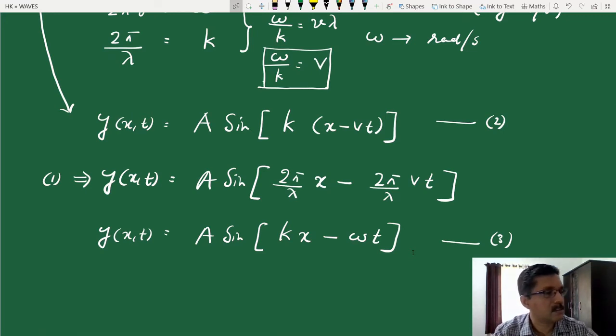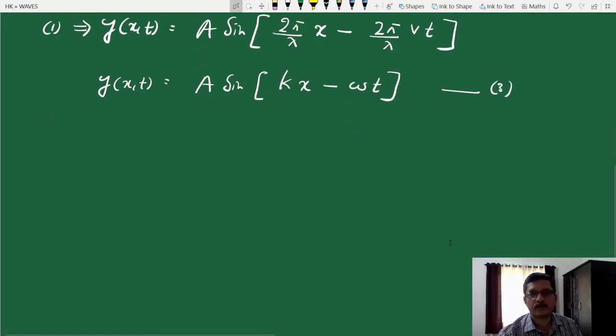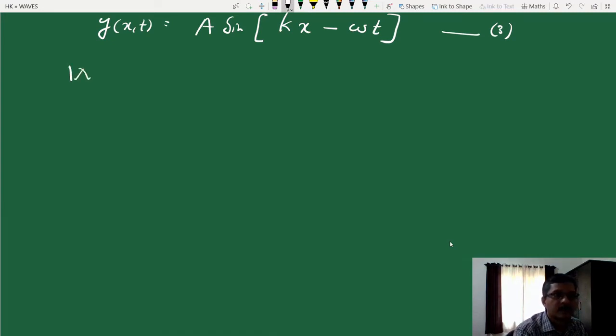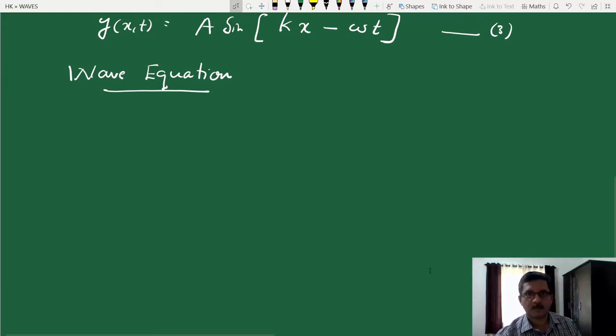Now our next task is to obtain a differential equation for this progressive wave. So we need to derive a wave equation in one dimension, of course.